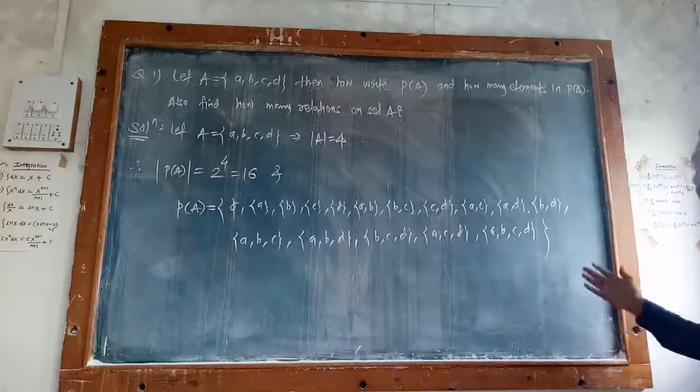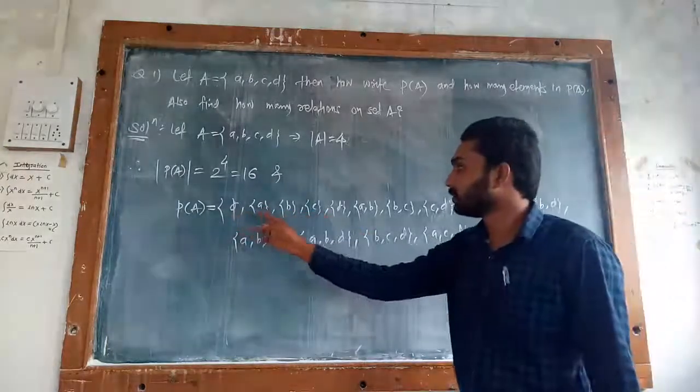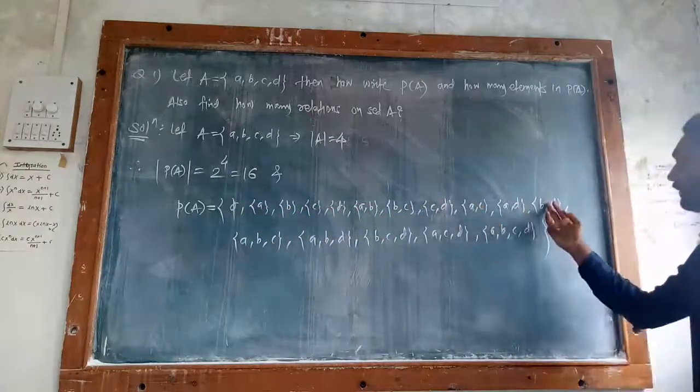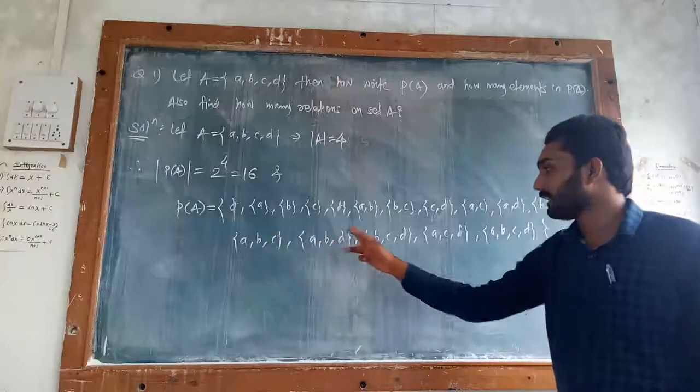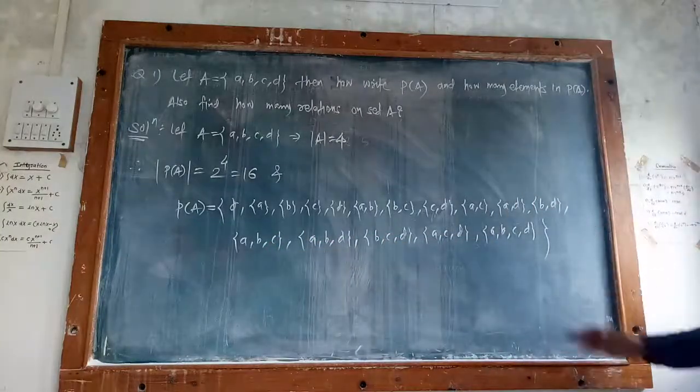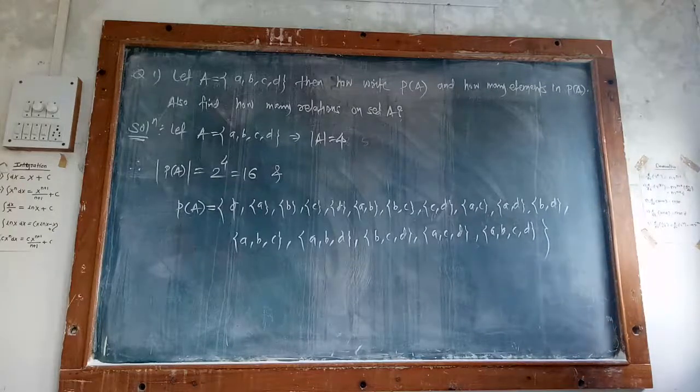Now we have to check that it is 16 elements. That is 1, 2, 3, 4, 5, 6, 7, 8, 9, 10, 11, 12, 13, 14, 15 and 16. So all elements are complete here. So this is your power set of A.